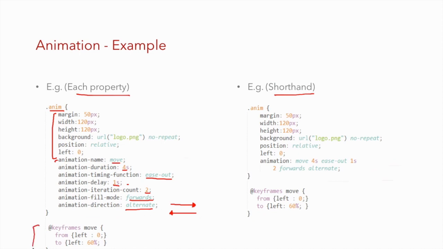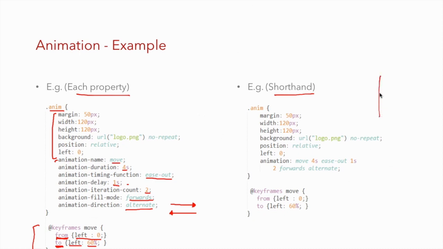And then in the keyframes we are specifying that the animation will go from and to. In the from tab we have left equal to 0, and in the to, that is the ending keyframe, we have left as 60%. So what is going to happen for this particular animation?